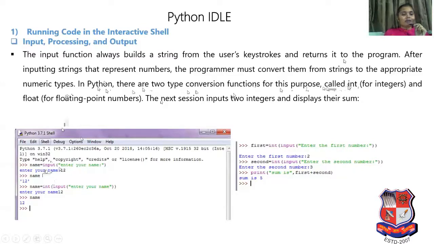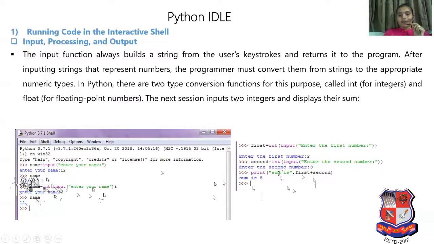You can see here name is equal to input, enter your name. I enter 12, so name is 12. What is it actually displaying? A string. But if I want to convert this input into an integer, I need to typecast using int and then input, enter your name. So the output will be 12.